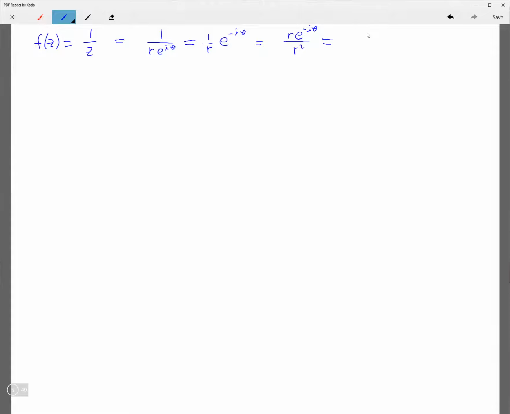It's the conjugate, actually. And then r, you guys don't know what r is, the modulus, right? That's the conjugate.